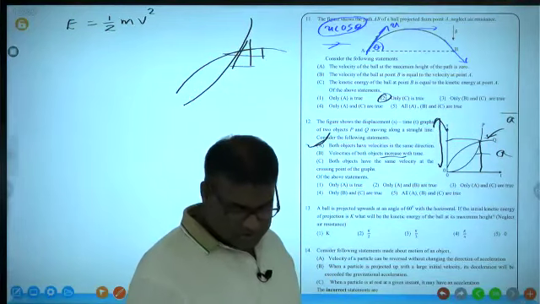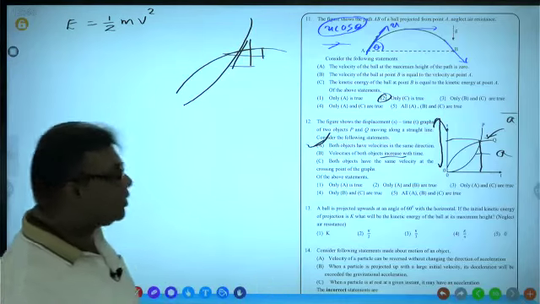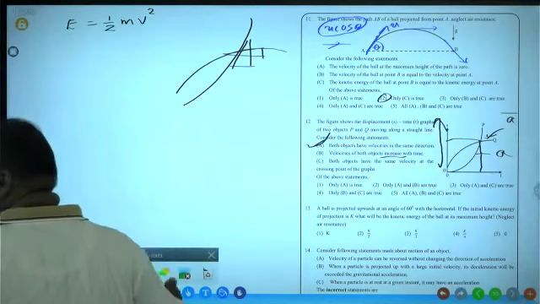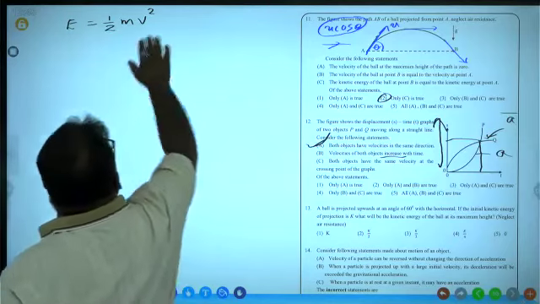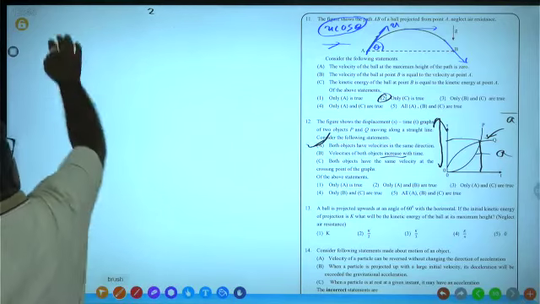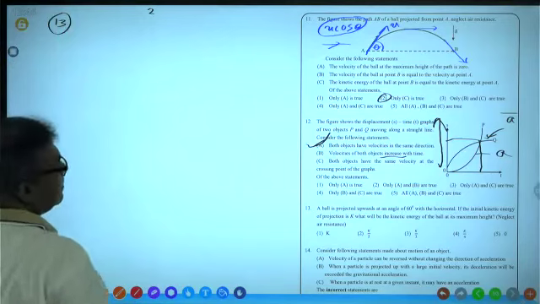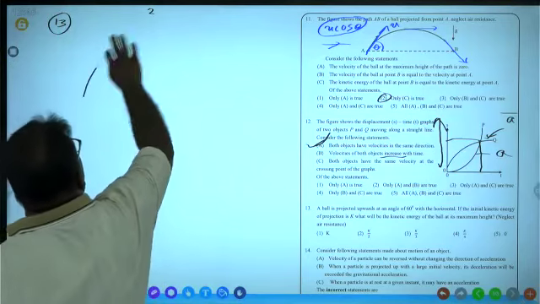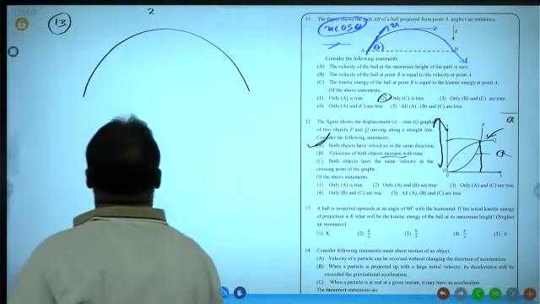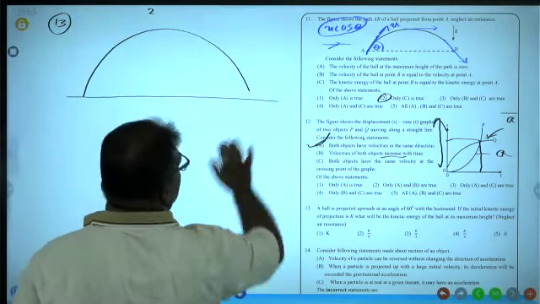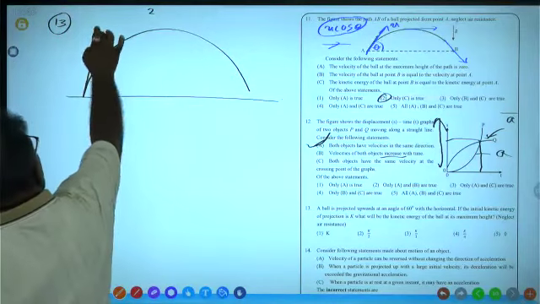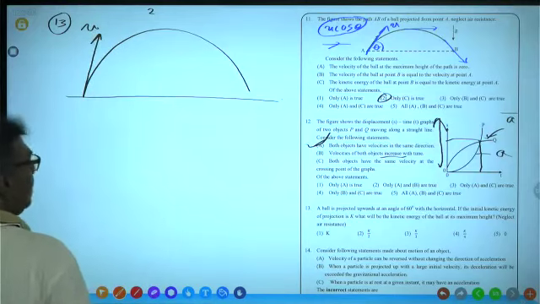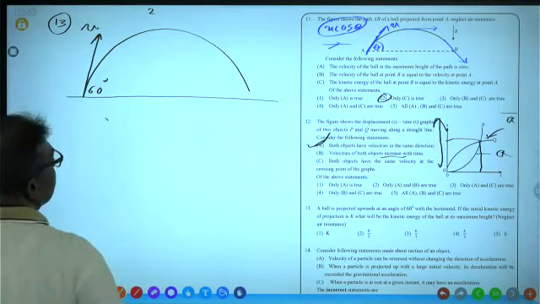Number 13. A ball is projected upward at an angle of 60 degrees, like this, with velocity u at an angle of 60 degrees.